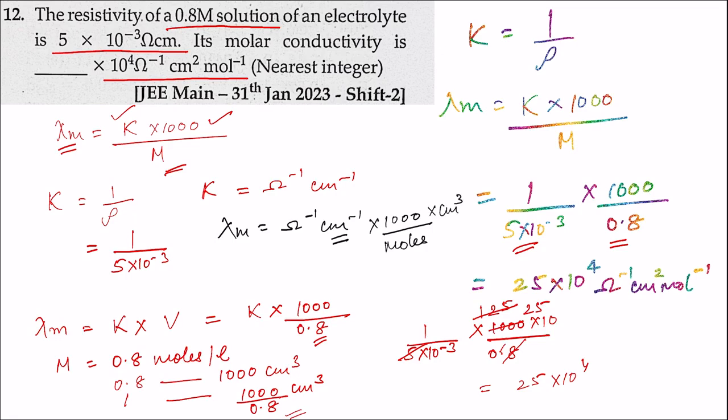So centimeter inverse and centimeter cube, if you cancel it, will become centimeter square. This becomes equal to per ohm centimeter square per mole. So this is the unit of molar conductivity, per ohm centimeter square per mole. This is per ohm, and here the answer will be 25.